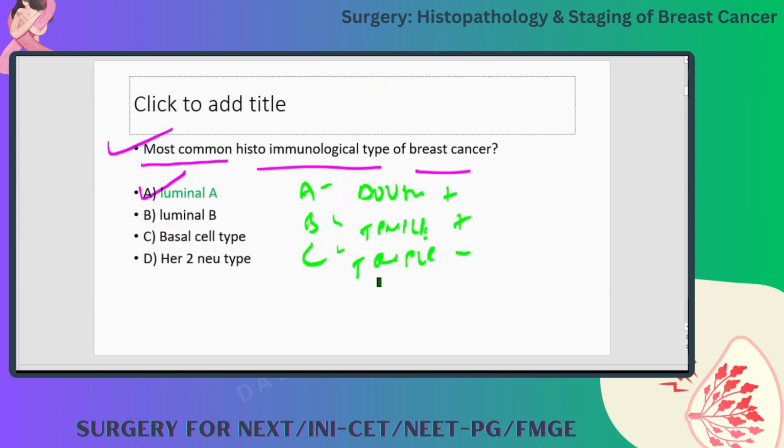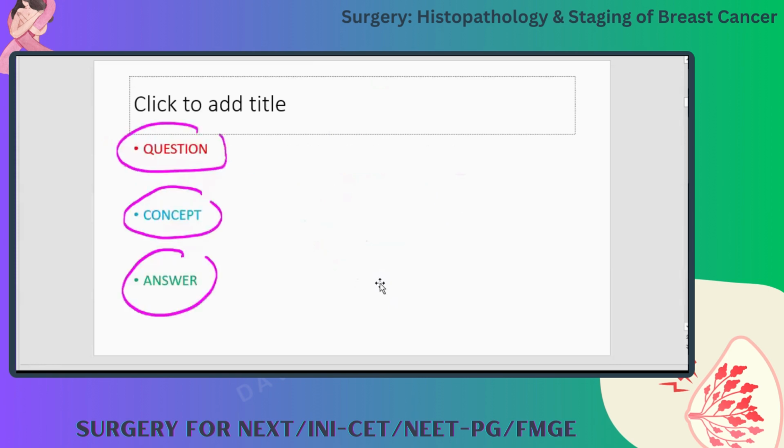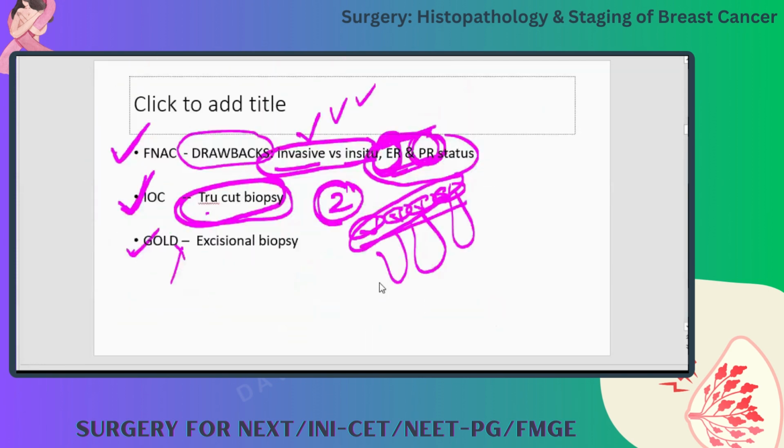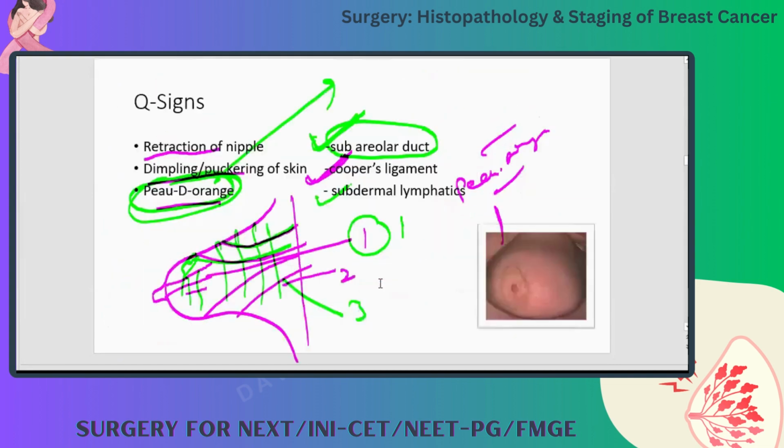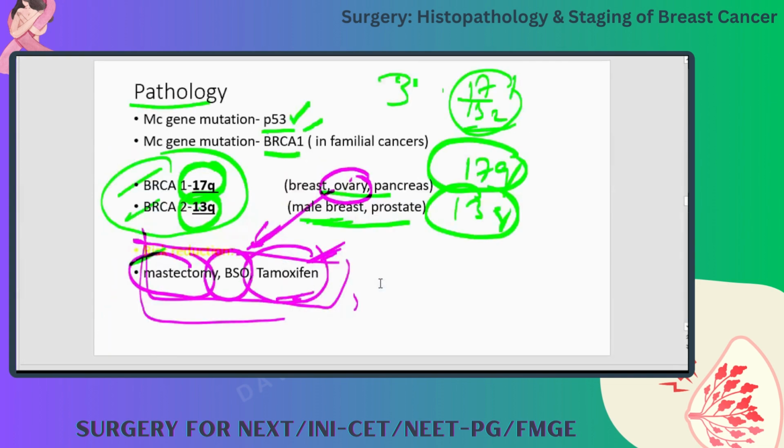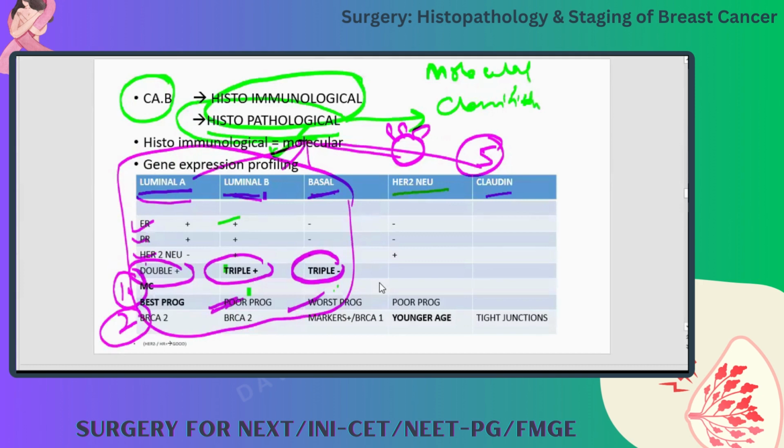Now what is the answer? Triple positive is the most common. No, double positive is luminal A. Oh, sorry. Yeah, double positive is correct. It is double positive as the luminal A. See here, I told you, right? Double positive.